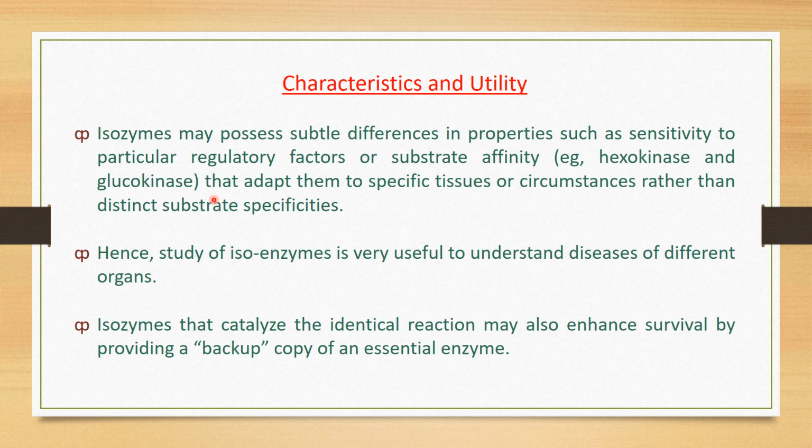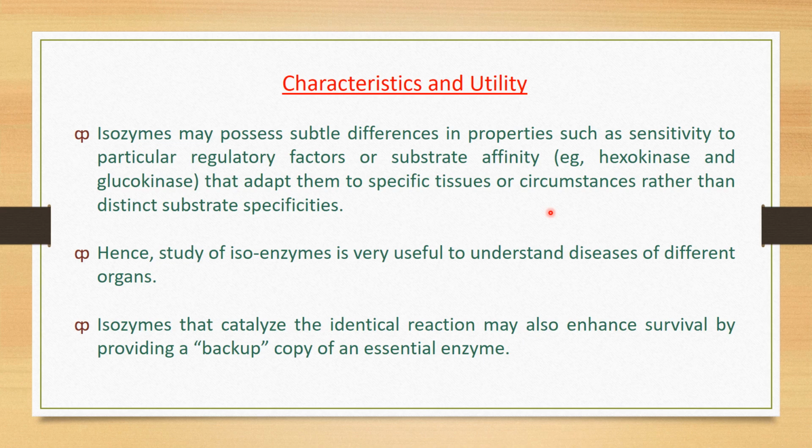Why? It has its own physiological benefit, because you know that the main function of the liver is maintaining blood glucose homeostasis. If glucokinase had the same low Km value as hexokinase, then whenever liver hepatocytes got some glucose, they would use it for their own energy production. But the purpose of the liver is to maintain blood glucose homeostasis, so it supplies glucose to various tissues. Only when there is sufficient glucose to maintain all these functions does the liver use glucose for its own energy production.